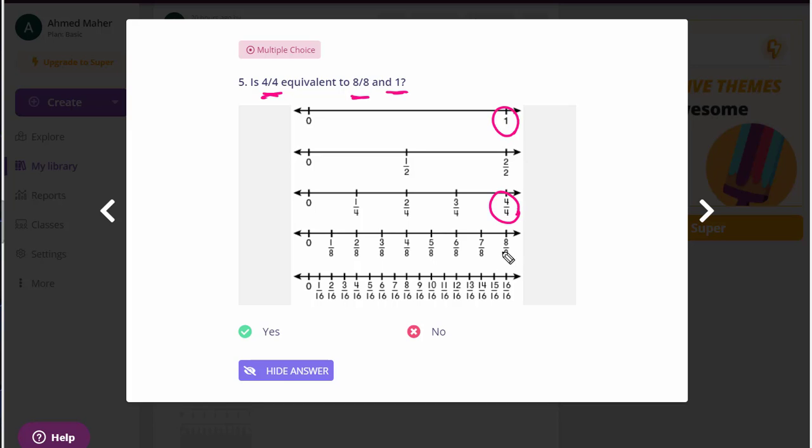Four fourths and 8/8. Okay, they are equivalent. I cannot hear you, Ahmed, so I will say it. They are equivalent because they have the same point. They name the same point on the number line. You're using your mic, right? Oh, okay, Ahmed. Yes. Thank you, Ahmed. Great work.